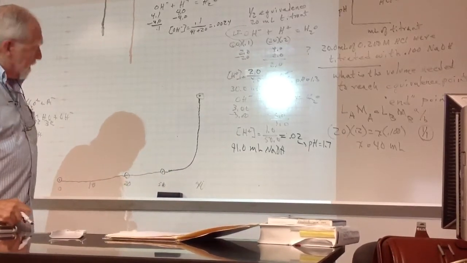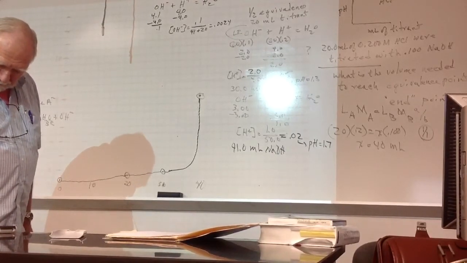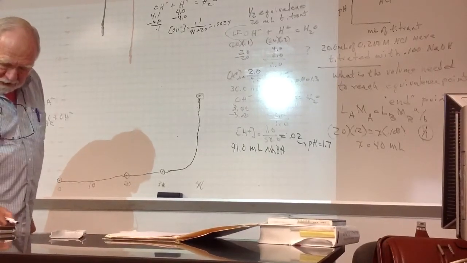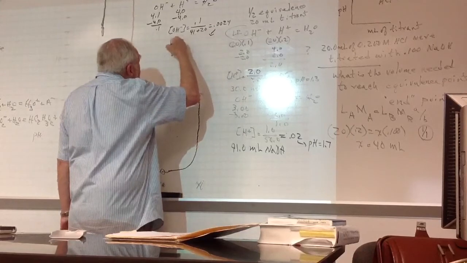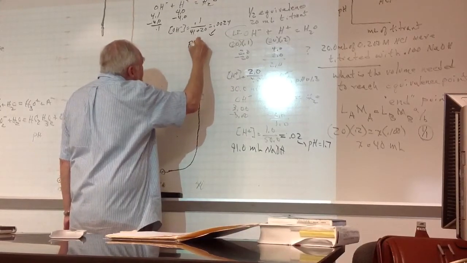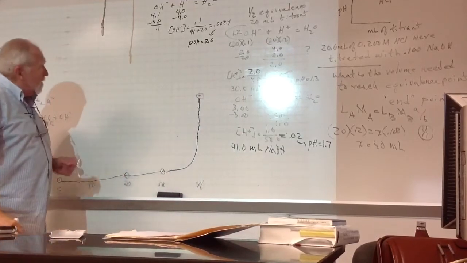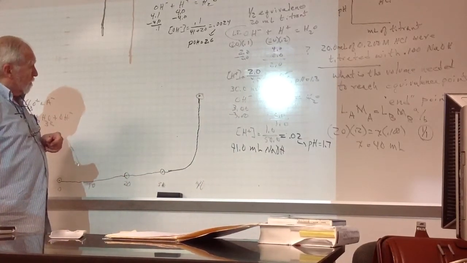And I'm going to say I need pOH. pOH is 2.6 because it's hydroxide. But I'm plotting pH, so I have to say that pH is 11.4.